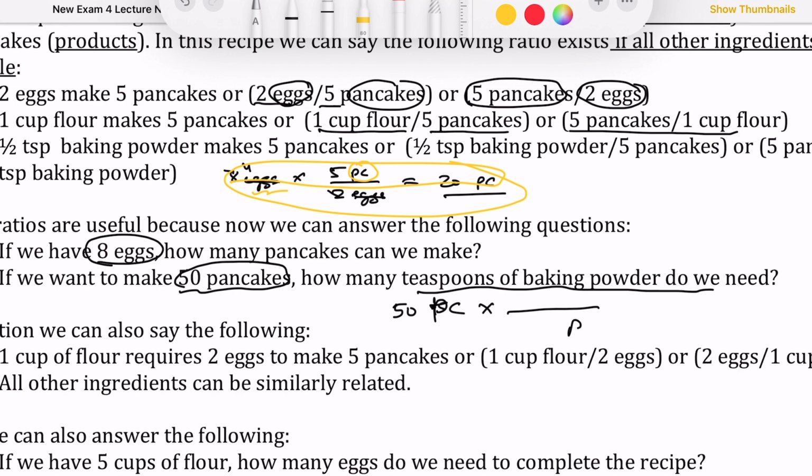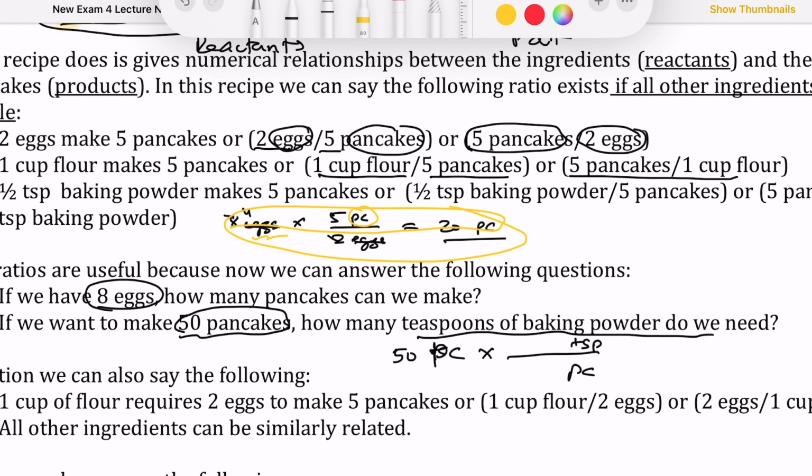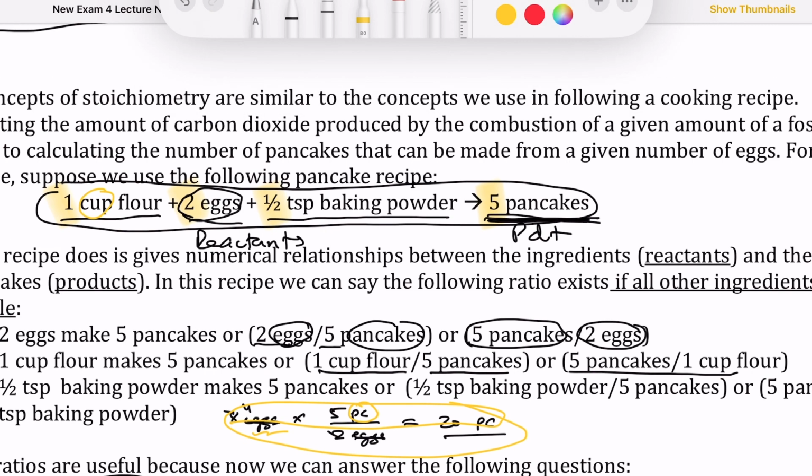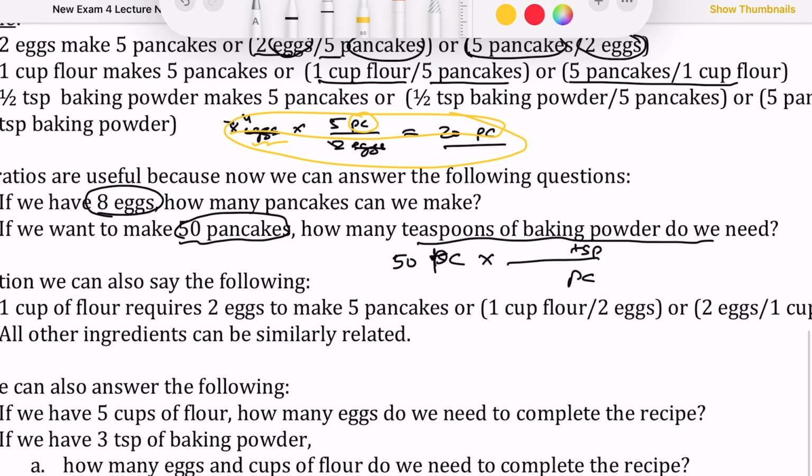pancakes. And then what I need to figure out is, well, what is the conversion factor between pancakes and teaspoons of baking powder? Well, it told us in the recipe that half a teaspoon gives me 5 pancakes. So I can say 5 pancakes, half a teaspoon. Once I do that, units cancel away. This is 10 here. So 10 times a half is 5.